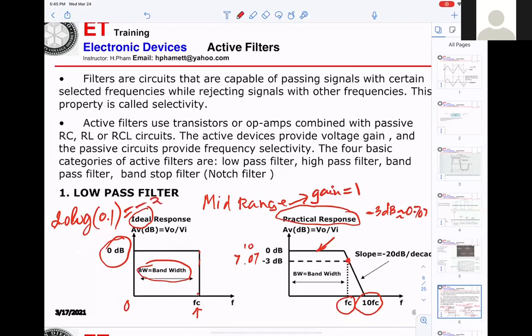Yes, minus 20 dB. Now, in order to do the calculation, you take the 10 volts times 0.1, so 10 times 0.1 gives you 1 volt.